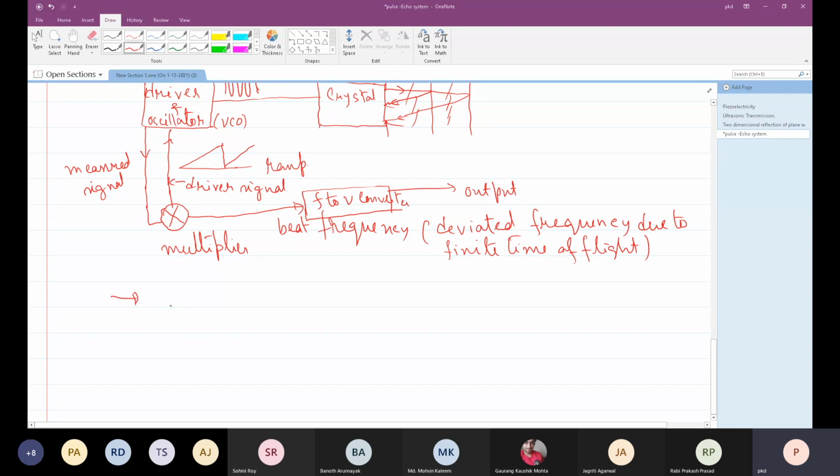Typically, the center frequency is fixed, like 30, 40, 20 megahertz, at multiples of tens, maybe say 10 to 40 megahertz.